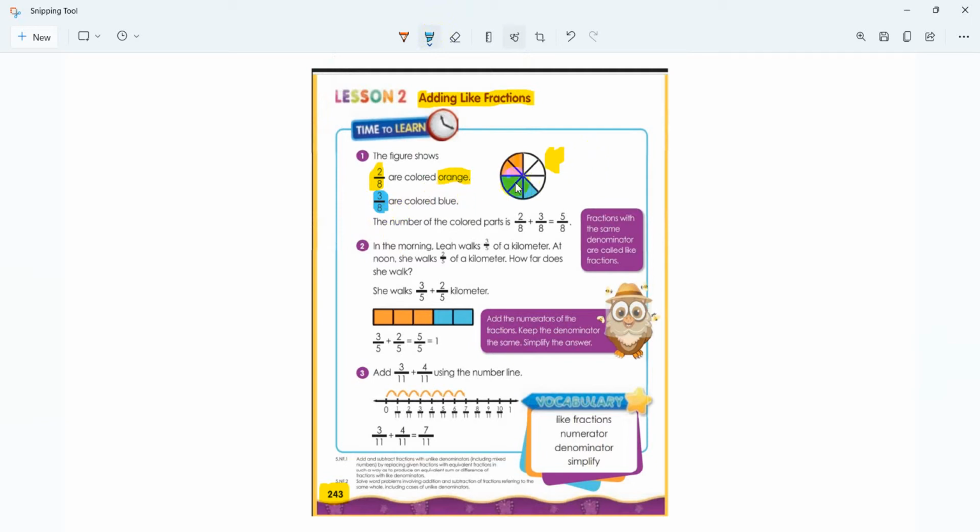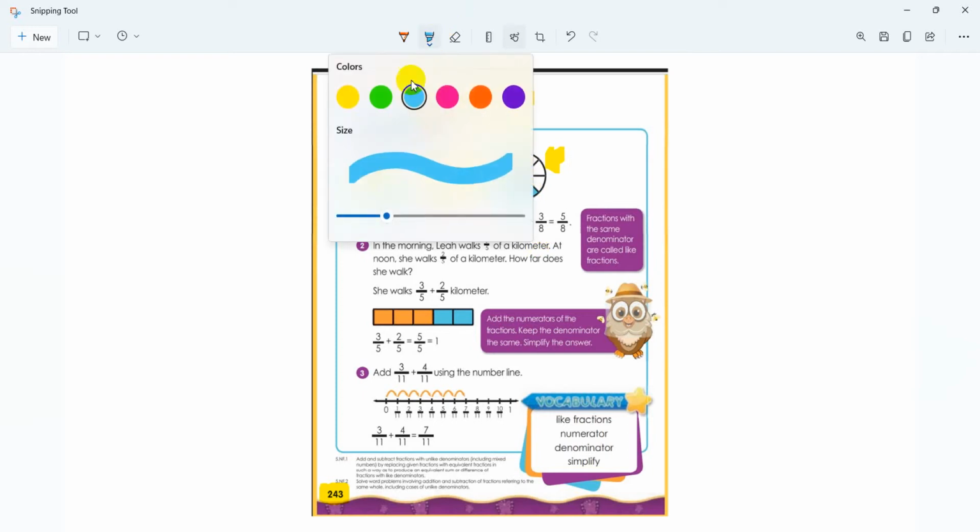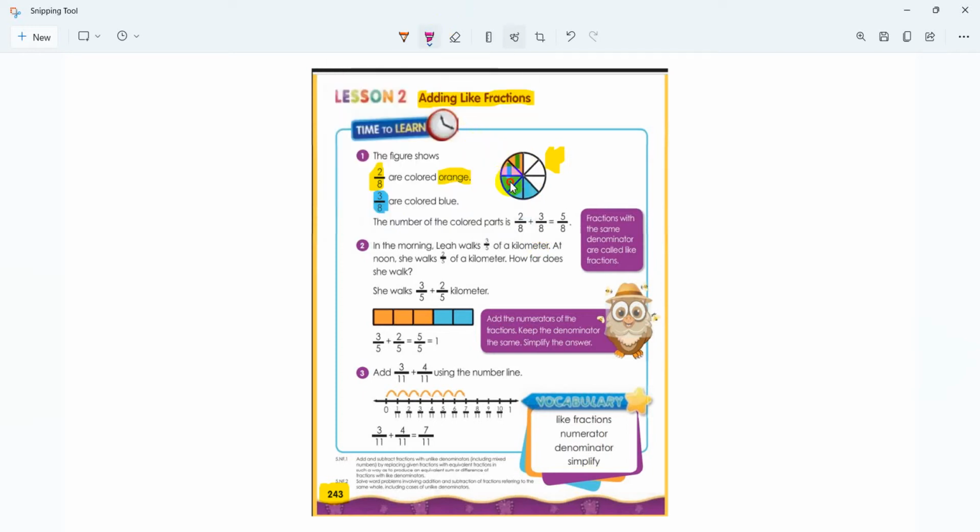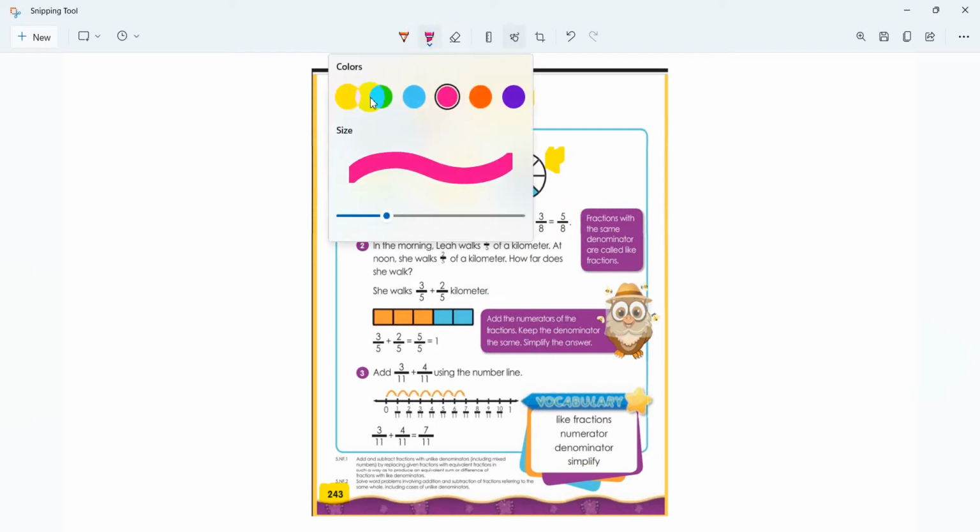If we want to add them, you can find them: 1, 2, 3, 4, 5. So there are 5 parts, and 5 parts out of what? 5 parts out of 8.